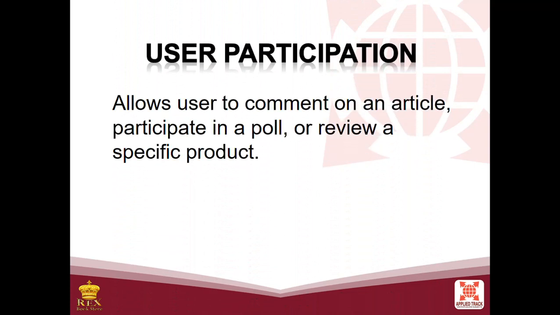And user participation is a feature of the dynamic website in which the users can put a comment on a specific article. They can participate in a poll or review a specific product. So with this, we can identify that this is mostly for online store websites. So you have Lazada, Shopee, Zalora, eBay, Amazon.